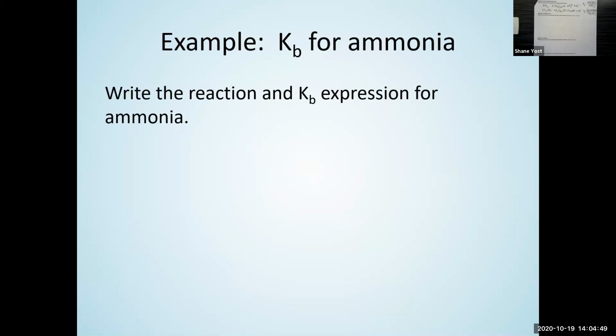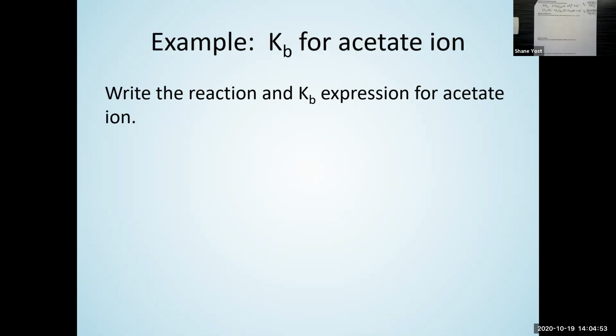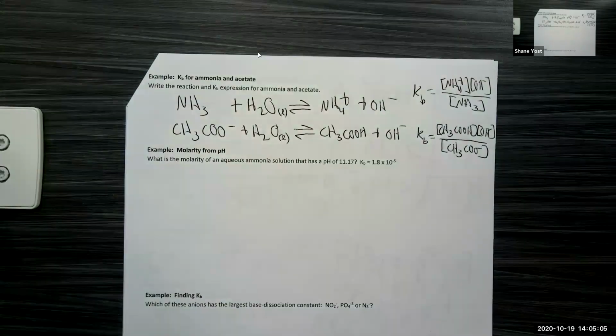And then we did this example last time of writing the Kb for ammonia and for acetate. We wrote out those equilibrium reactions for the weak bases and then their corresponding Kbs, which again is just the conjugate acid times OH minus over the weak base.